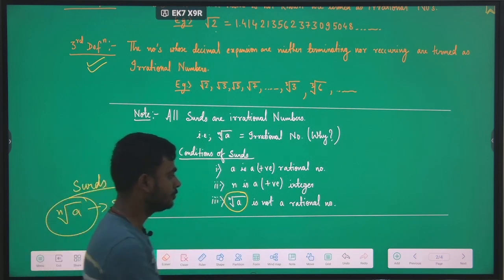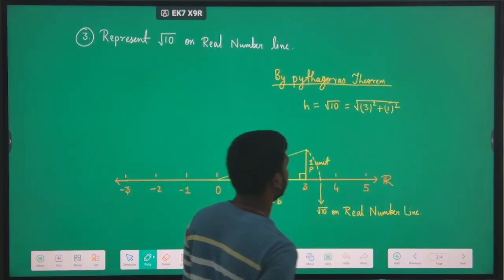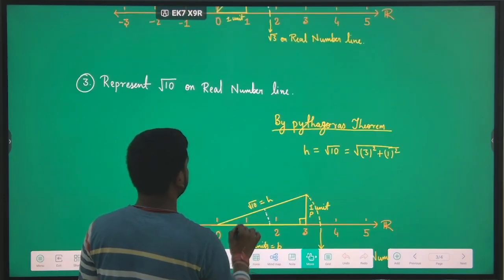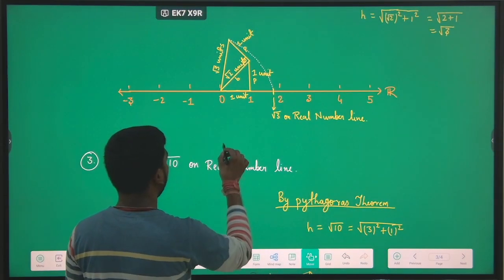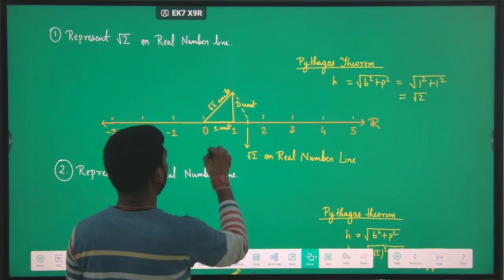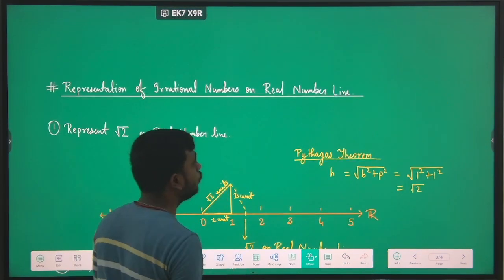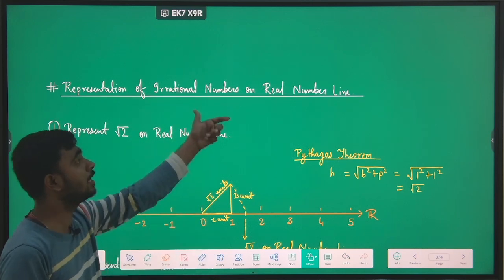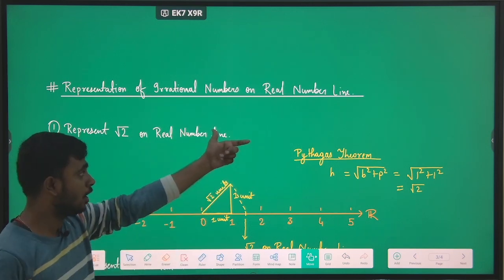Okay, now moving to our next part. What is our next part? We are going to represent irrational numbers on the real number line. You all know that our highest known number line is the real number line.